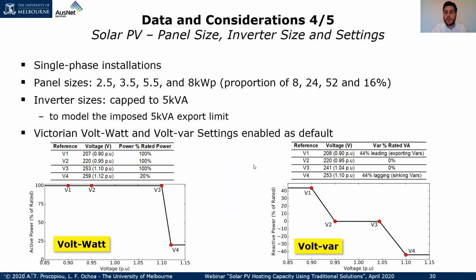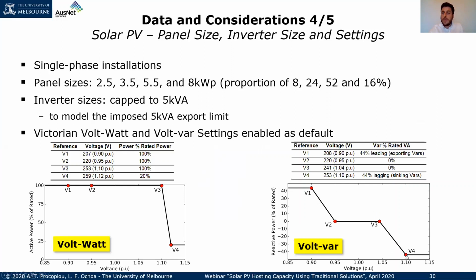To give you an example of how these new settings operate, the first function that kicks in is the Volt-VAR, which starts to absorb reactive power as soon as the voltage at the connection point of the customer increases above 241 volts, which is 1.04 per unit. It keeps absorbing reactive power up to 1.1 per unit of voltage, which is the maximum limit of the voltages.